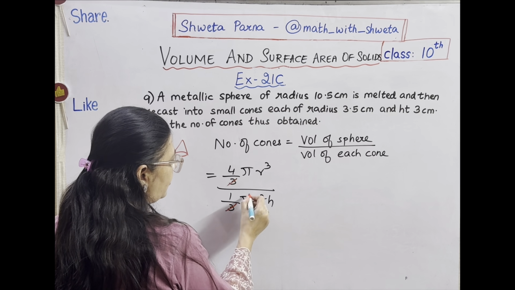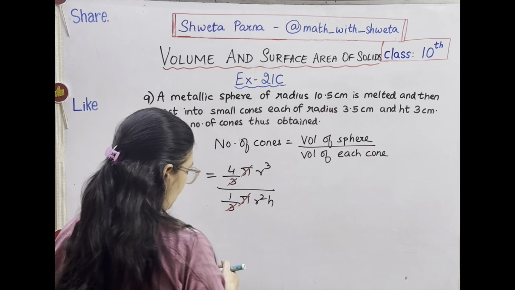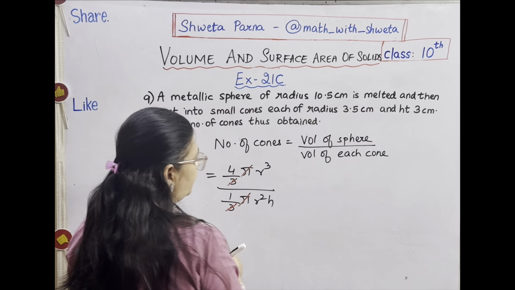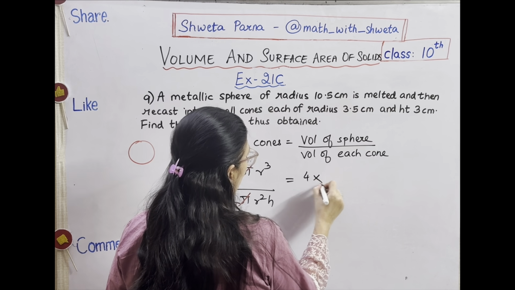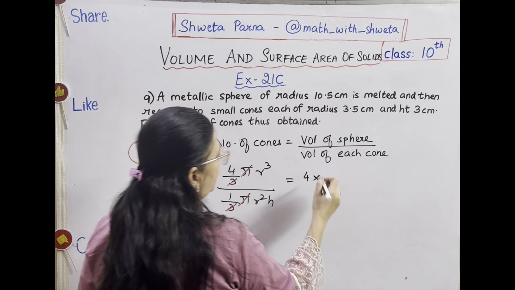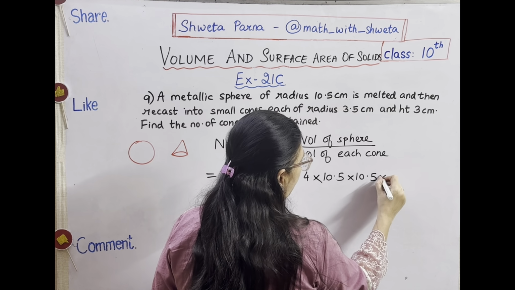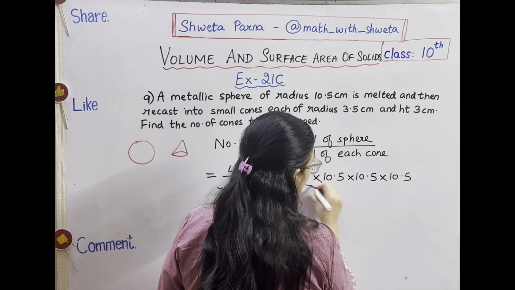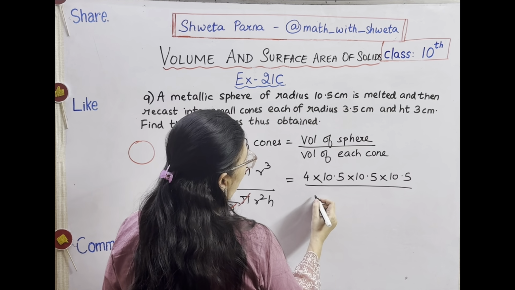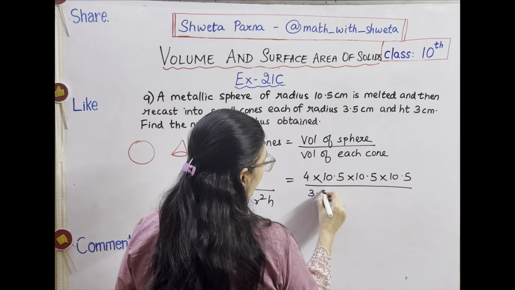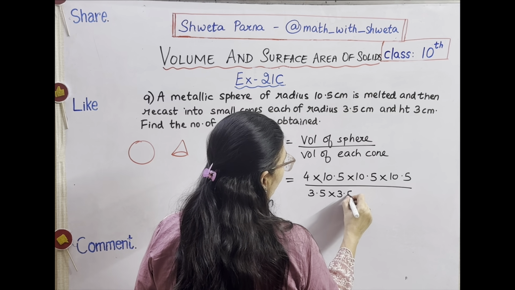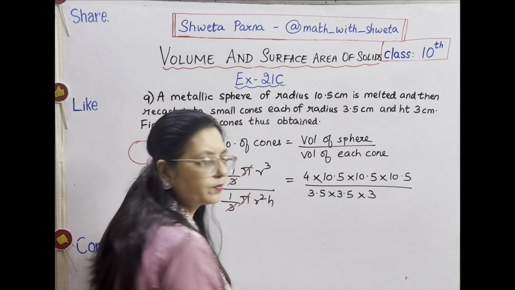3 and 3 get cancelled, pi and pi get cancelled. Now this will become 4 into, what is the radius of the sphere? It is 10.5 into 10.5 into 10.5, the whole upon, this is r square, r is 3.5 into 3.5, and height is 3.